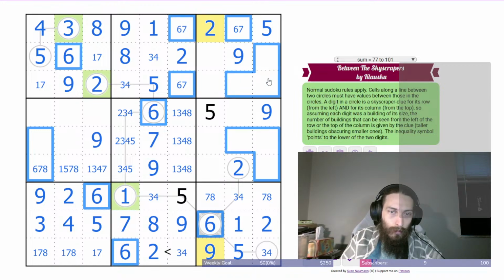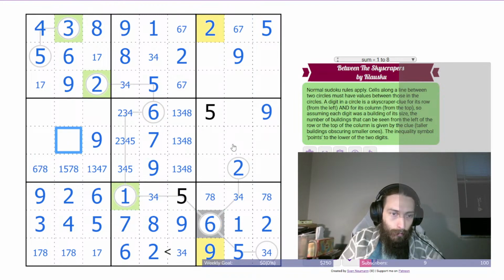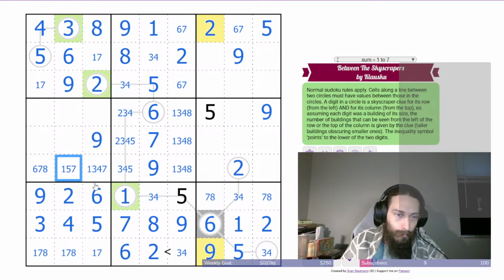So I think I just messed that up, and ignored this one, and it was just like it had to be like that. But we have this here. Okay, I'm glad I caught that, because that would have been frustrating if that was wrong. And a little frustrating if it was right, too, but this cannot be an 8. Because if it was, it would be seen by whatever this is, and the 9. So not an 8.